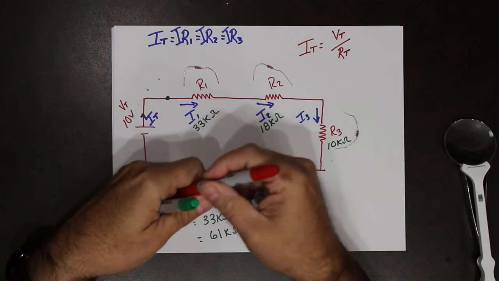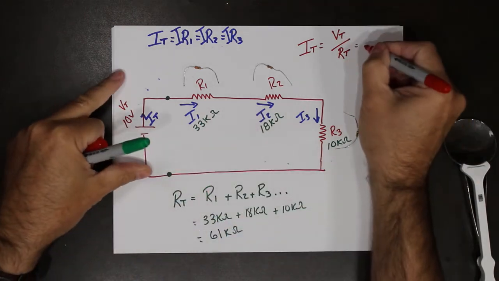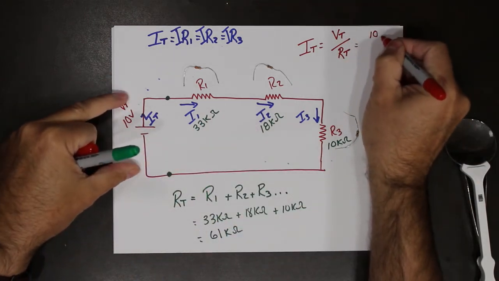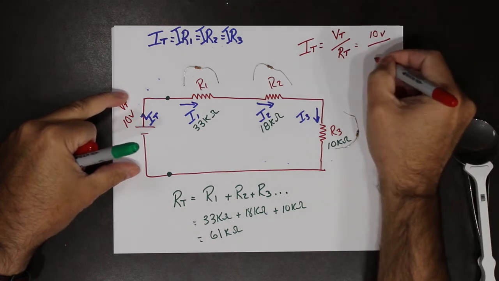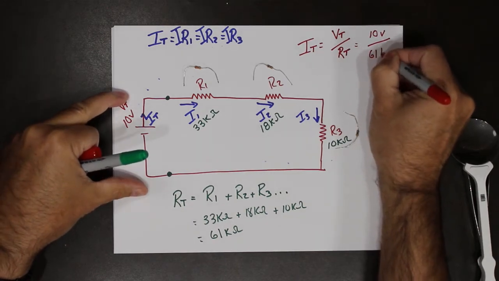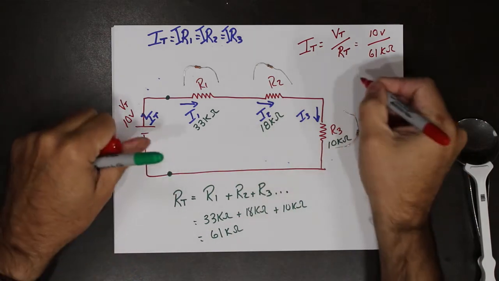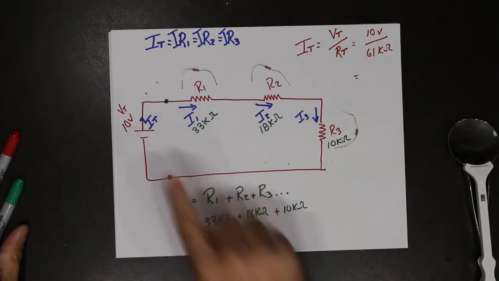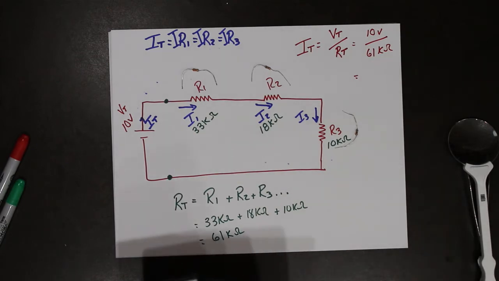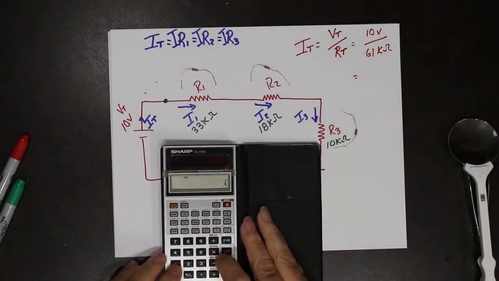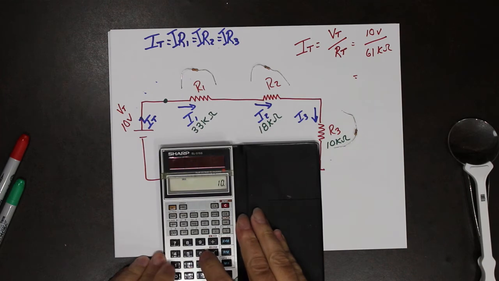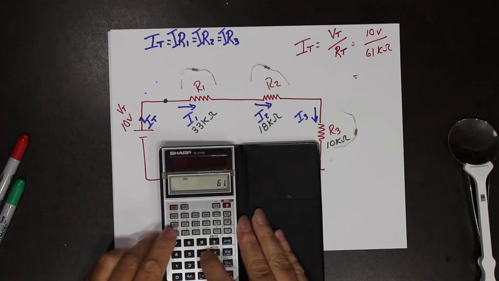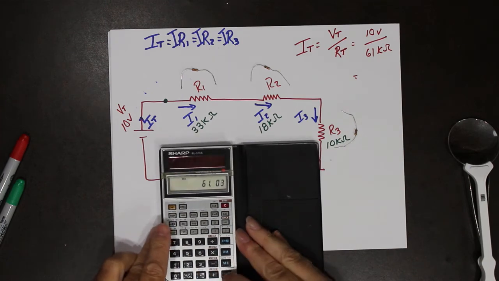So in this case, that works out to be 10 volts divided by 61 kiloohms. So the total current that leaves the source is 10 volts divided by 61 kiloohms.